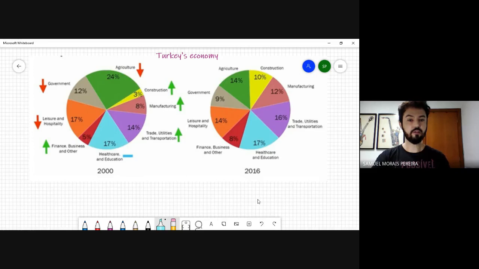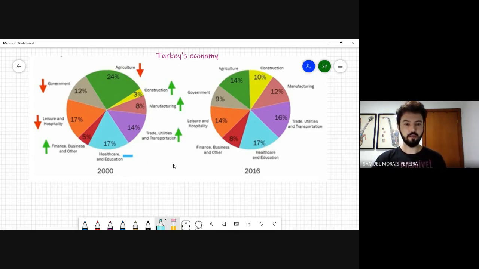And how it changed over time. Tá vendo? Se passaram 16 years and they are comparing the Turkey's economy in 2000 to Turkey's economy in 2016, ok? Lembrando, Turkey quer dizer Turquia, o país, tá? A economia da Turquia, economia turca.